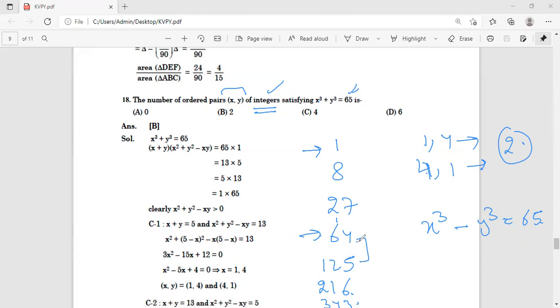Like here it is less than 65, but it is never 65. The difference keeps increasing. In a cubic graph, 8 cube will be much higher. So the difference will never be 65. So no negative solutions are possible. So 1 4 and 4 1 are two solutions only. B. Directly you can see this. I have also written another method. Factorize it. So what are the possible factors?